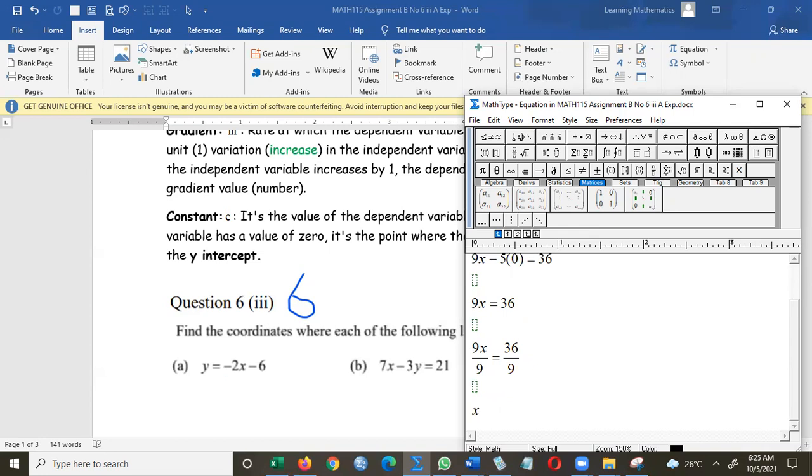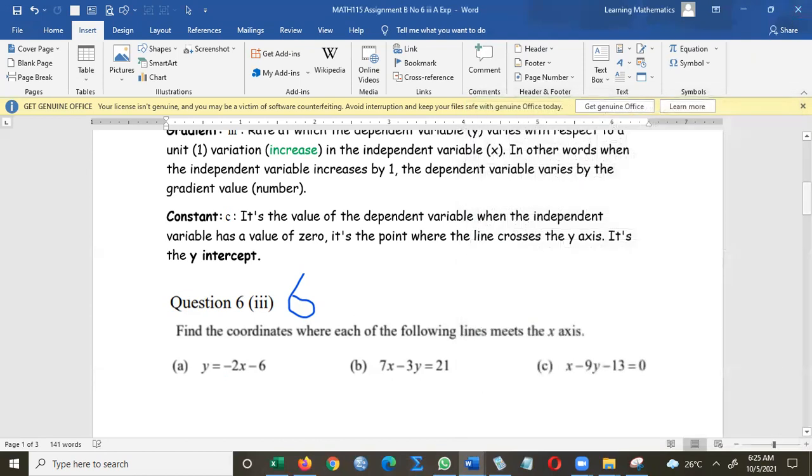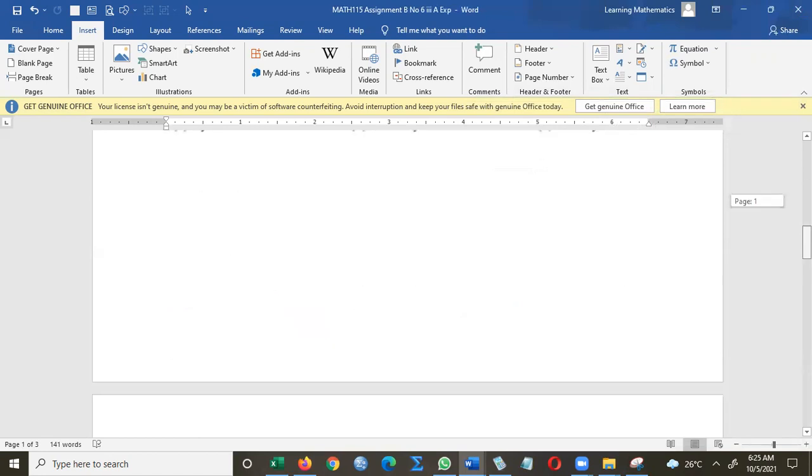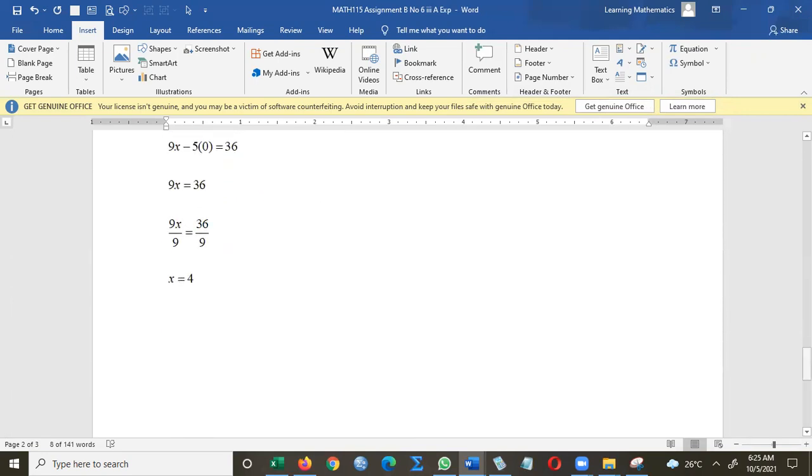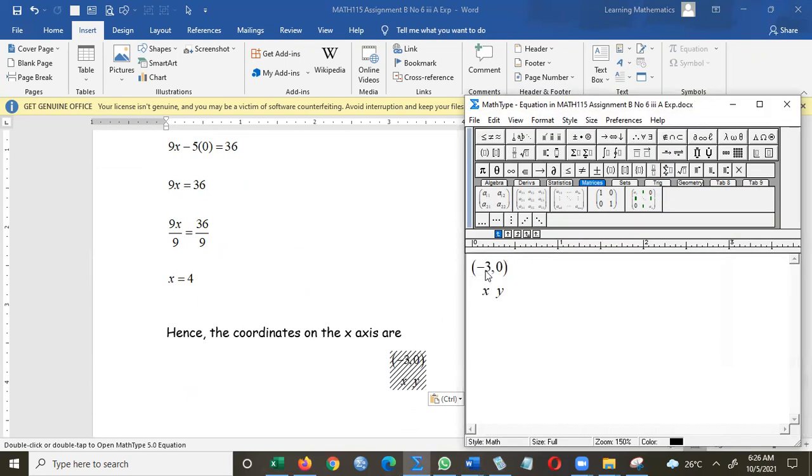We don't have to write the 1, just write x. 36 divided by 9 will give us 4. Hence, let's just copy this. So that's the advantage of doing this electronically. You can copy and paste. Hence, the coordinates on the x-axis are 4, 0.